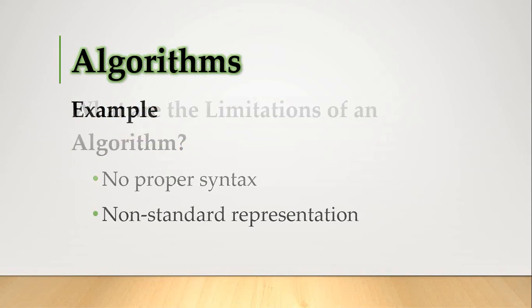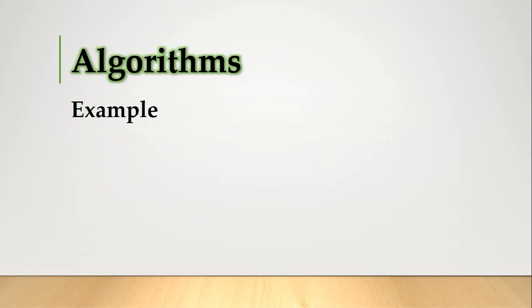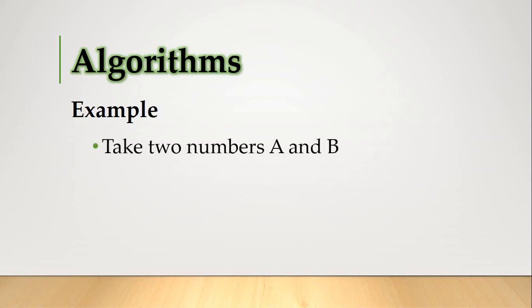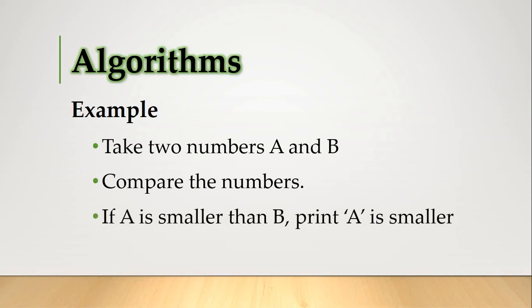Come on, let's see an example of an algorithm. This is an algorithm to find the smaller of two numbers. Step 1. Take two numbers A and B. Step 2. Compare the numbers. Step 3. If A is smaller than B, print A is smaller.